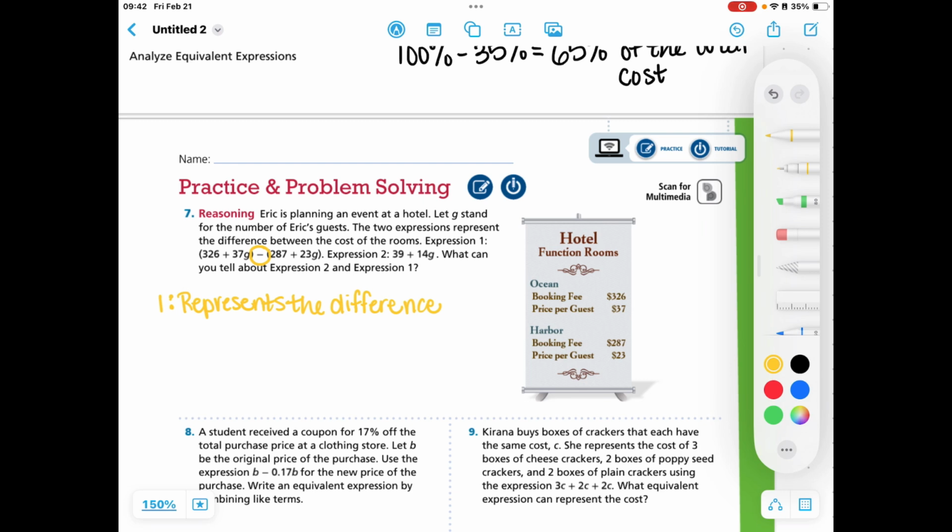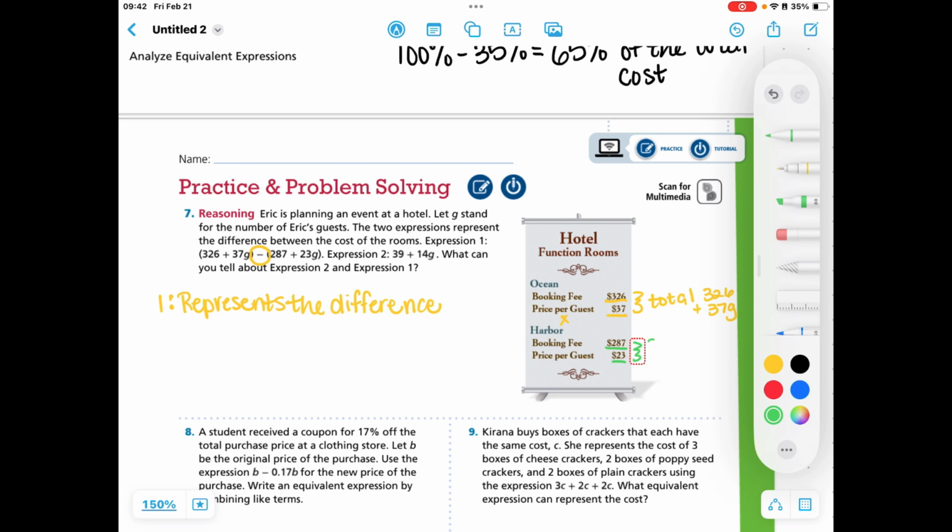If we look over to the chart, we have 326 plus 37G. We have the booking fee plus the price per guest at the Ocean. So that's going to be the total if we add them together. 326 plus 37 times G, which is $37 per guest. Keep in mind that per is multiplication. Now subtracting the harbor fee.